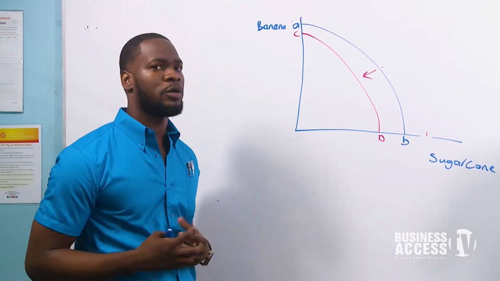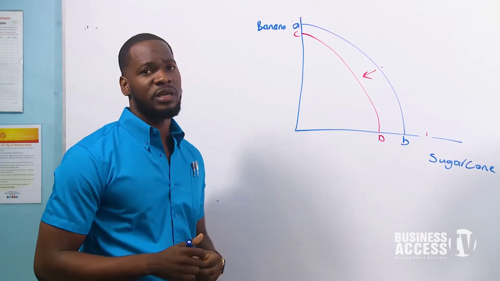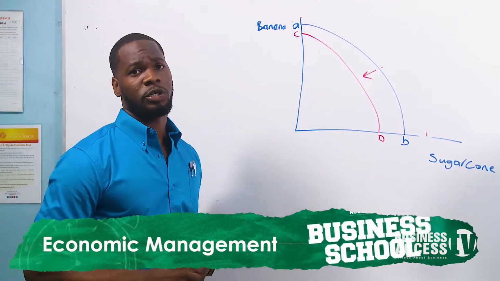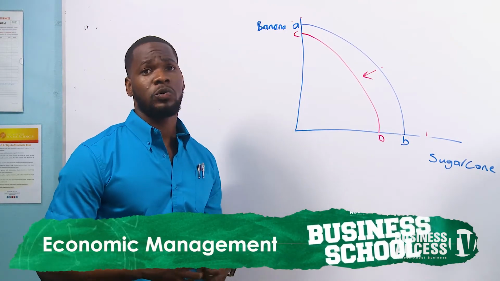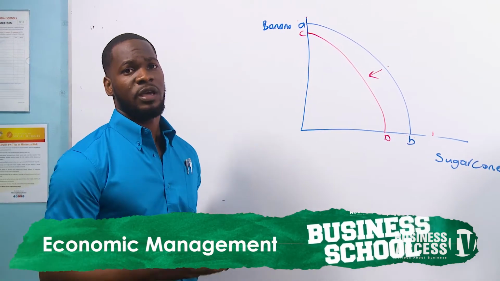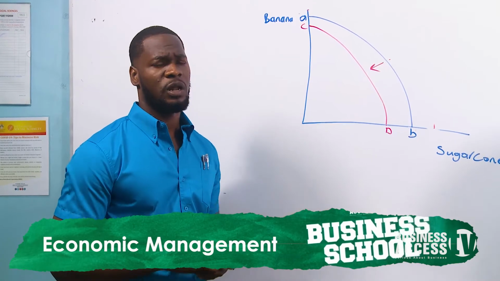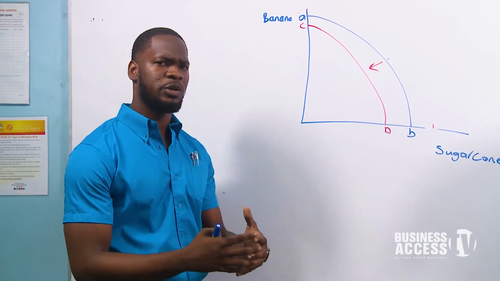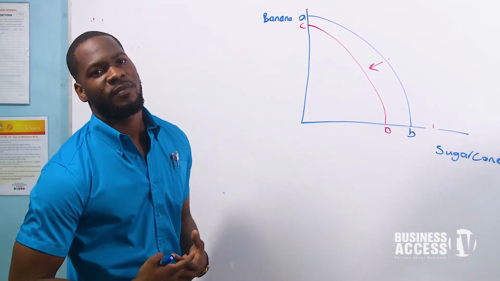What that does is reduce the yield of the land, which would cut back on production. It also can reduce the number of labor we have in the economy, as people can lose their lives. So remember, if the natural resources are depleted or reduced, that will shift the PPF inwards.